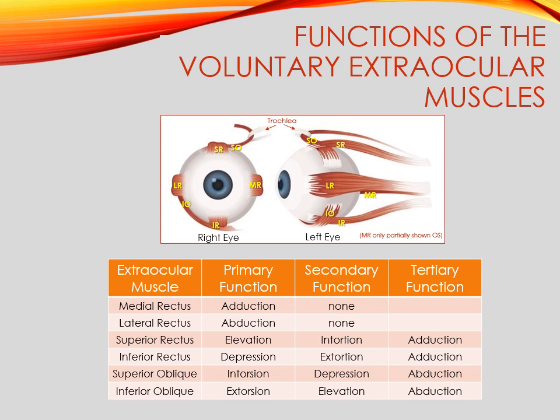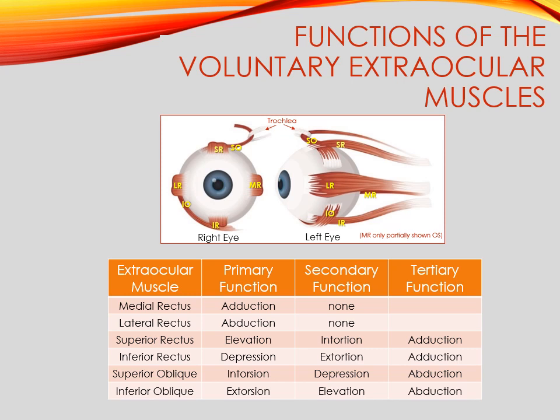In general terms, the vertical rectus muscles are the main elevators and depressors of the eye, and the obliques are mostly involved with torsional positioning. The vertical effect of the superior and inferior recti muscles is greater when the eye is abducted.